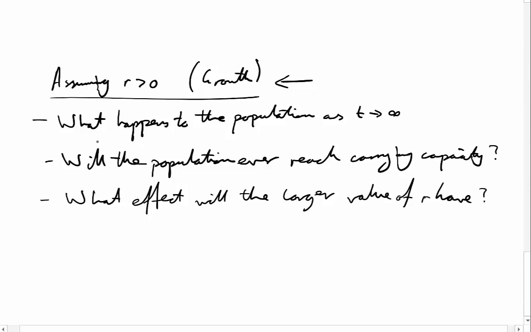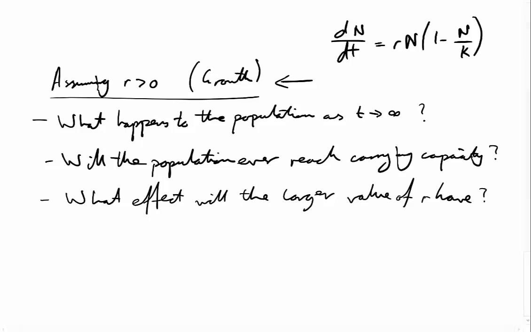The first question is, what happens to the population as time goes to infinity? I have already answered that in this video. I'm considering the dn by dt equals rn lots of 1 minus n on k model, my logistic growth model, and asking what happens to the population as t goes to infinity.